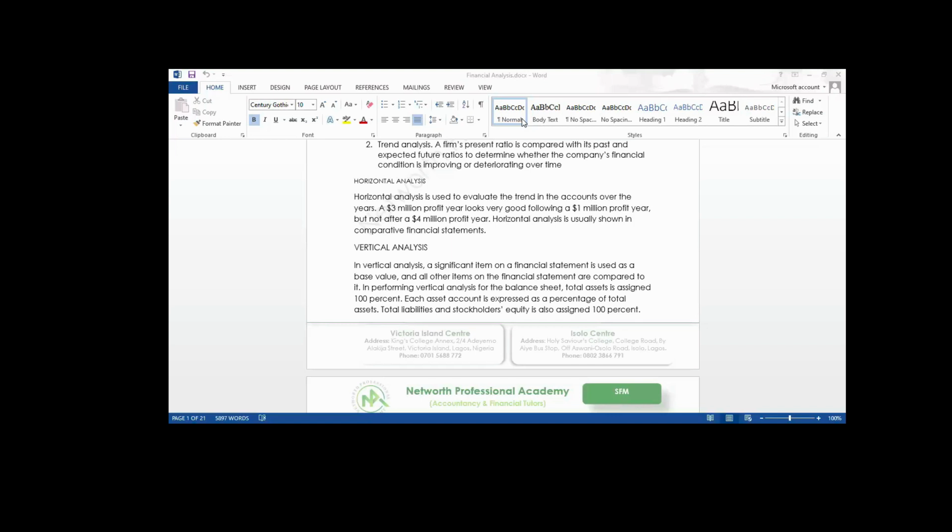You now get your profit after tax. So you must remember the components of income statements.